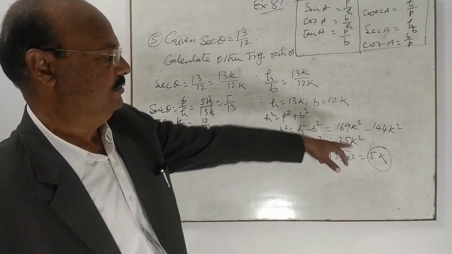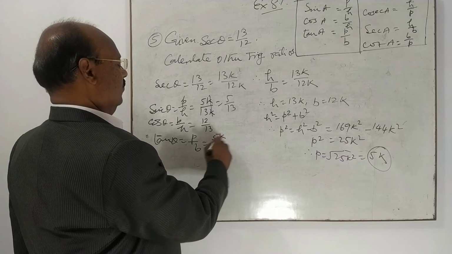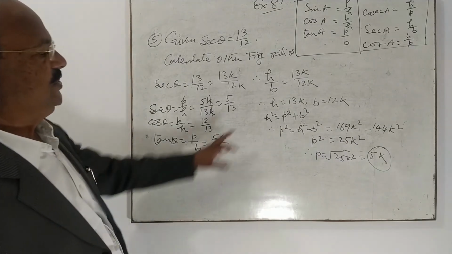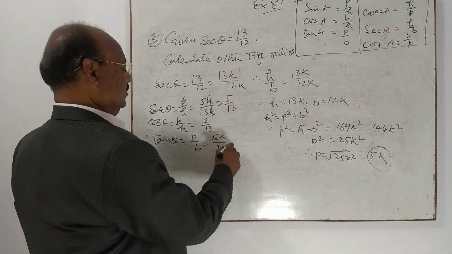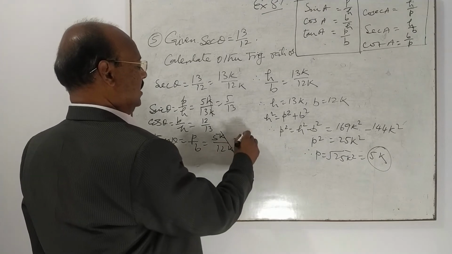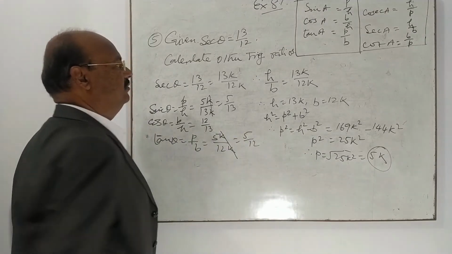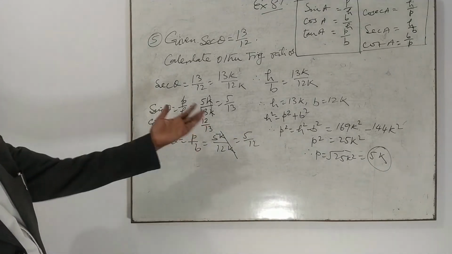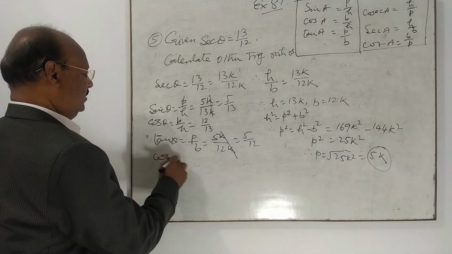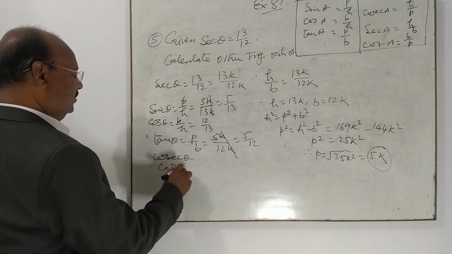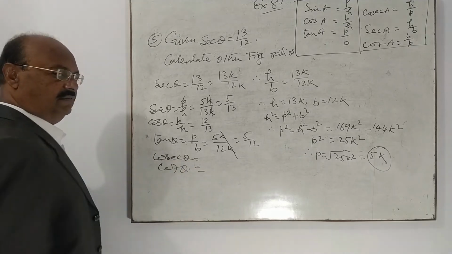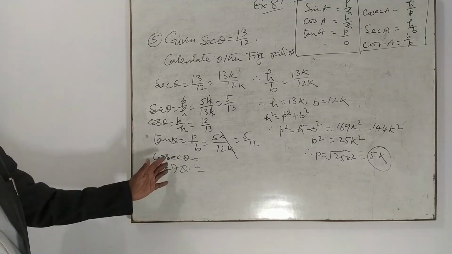Perpendicular is 5k and base is 12k. So finally k will be cancelled out. Answer is 5 by 12. Similarly you can find cosec theta and cot theta, so you do it yourself. You can do it very easily.